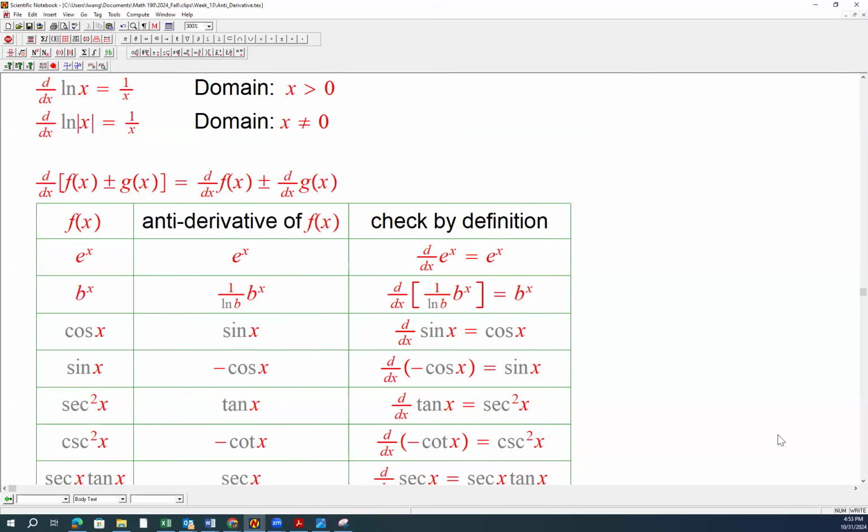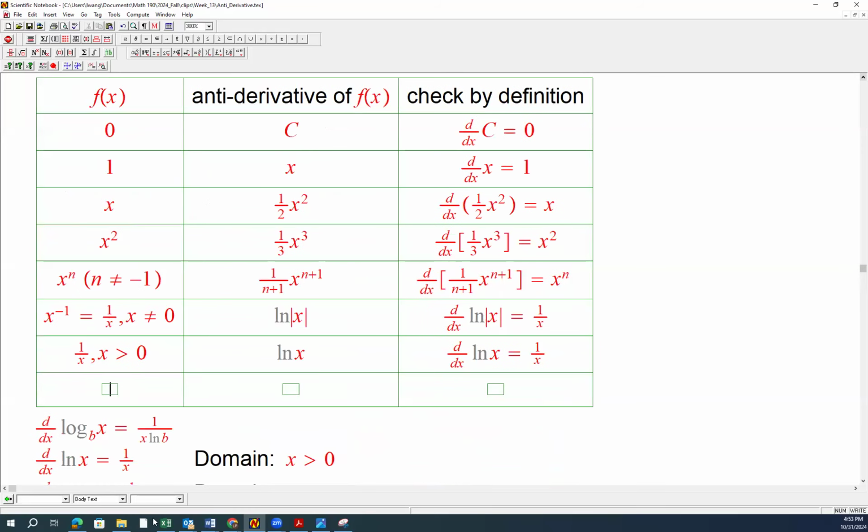So you can see, if we talk about the antiderivative with any base, if I multiply by ln b on both sides, then I will get ln b here, right?